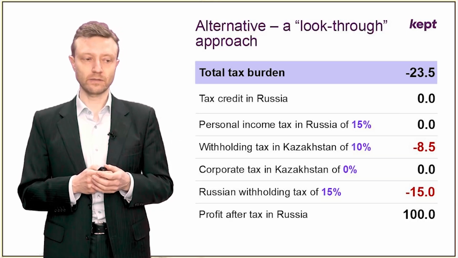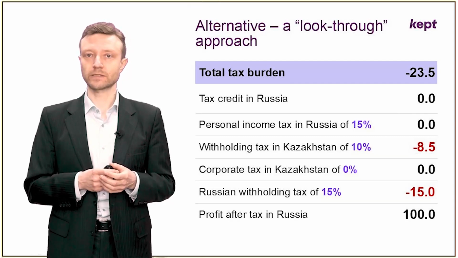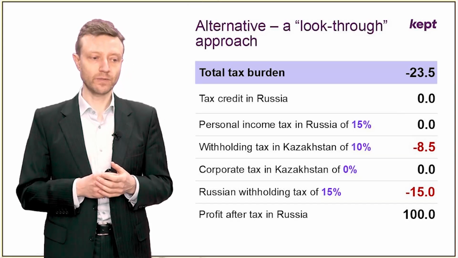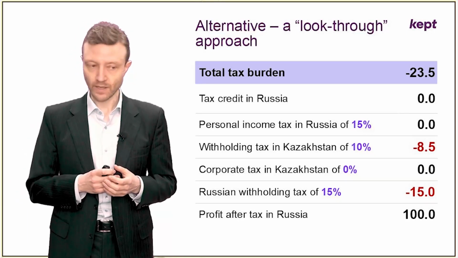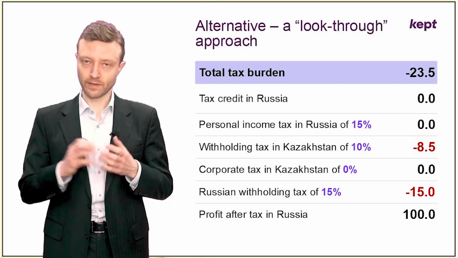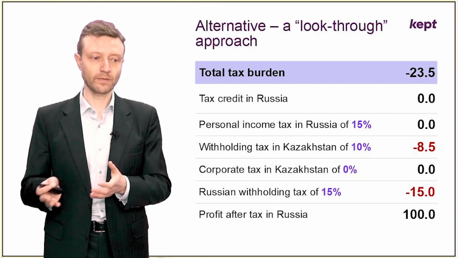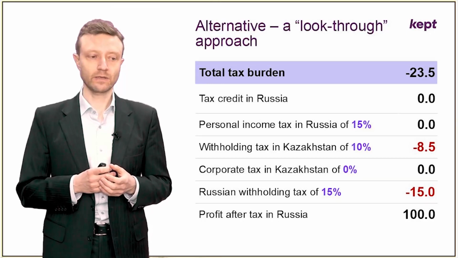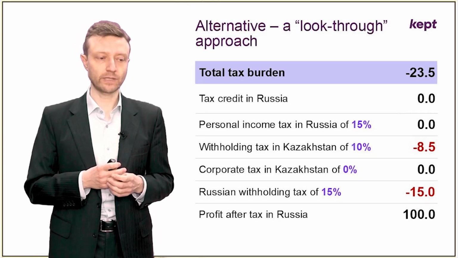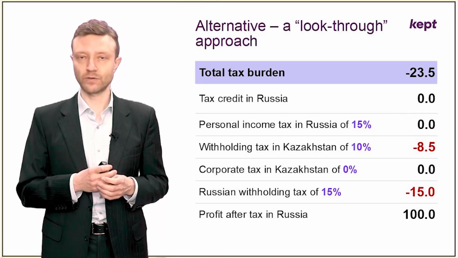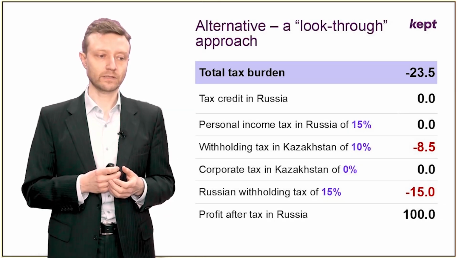And it's interesting to compare what tax costs would arise if another location for the holding company is used. Hong Kong, for example. Unfortunately, Hong Kong is blacklisted in Kazakhstan. This is why the Kazakhstan part of the distribution results in a higher tax burden of 32 units as compared to 15 units when a Kazakhstan company is used.